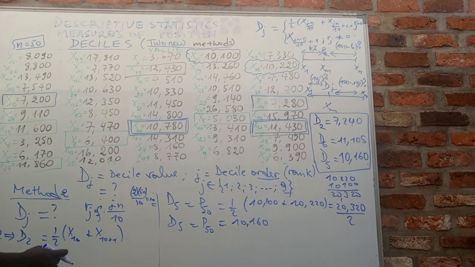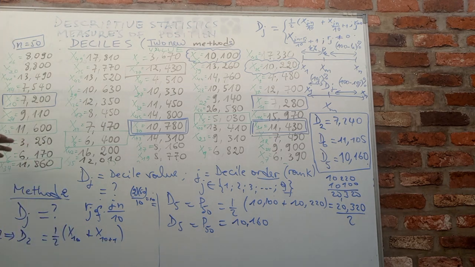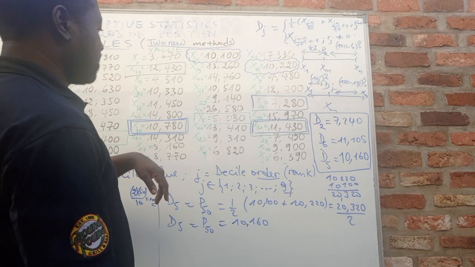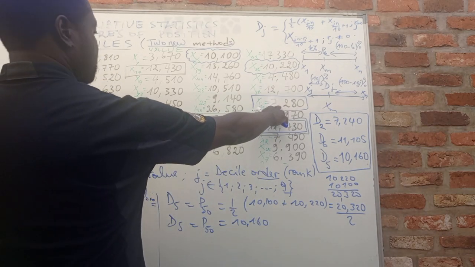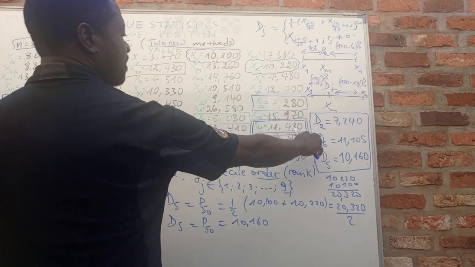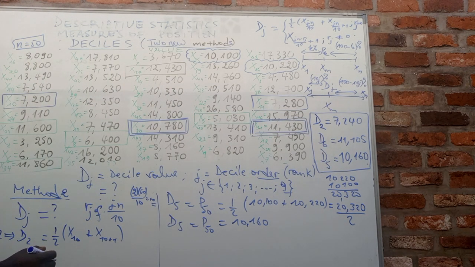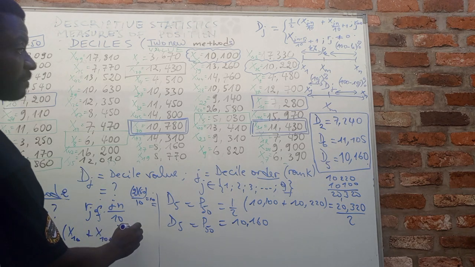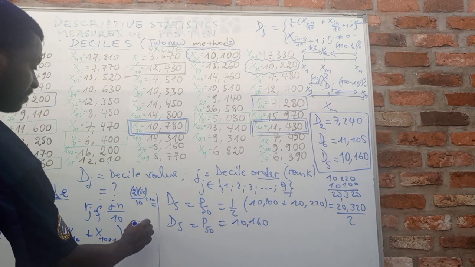Okay, so as before, sub 10 is this value, and sub 10 plus 1 is x sub 11, which is again, where is it? Here. And when we add this one, we divide by 2, we're going to have d2. d2 is going to be equal to 7 to 40.